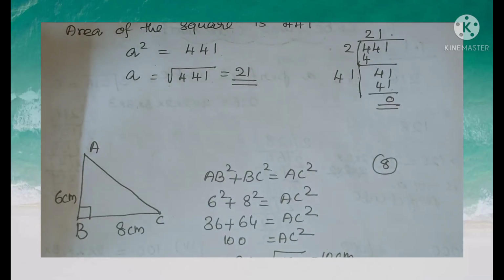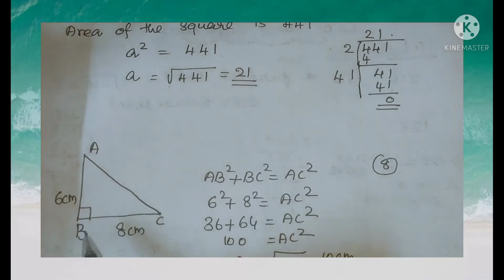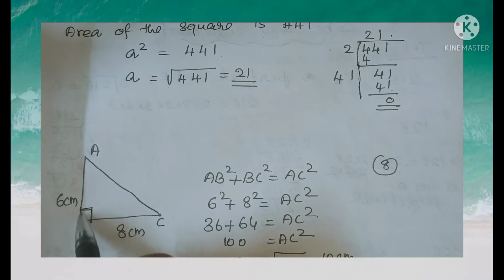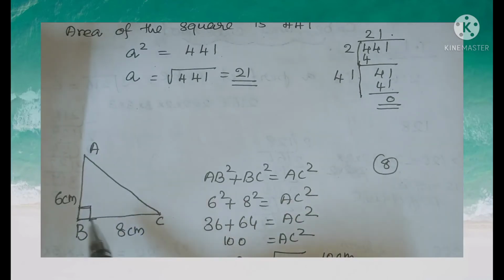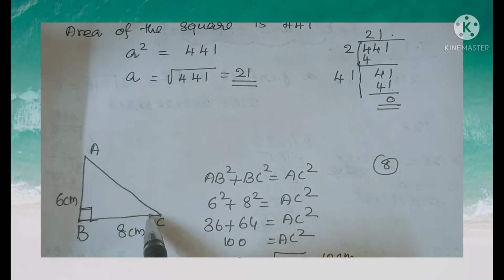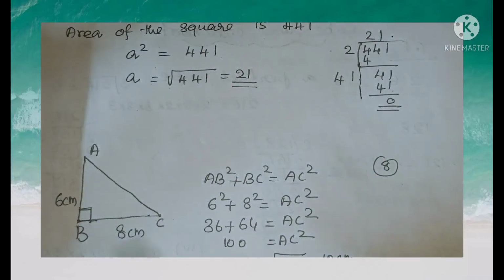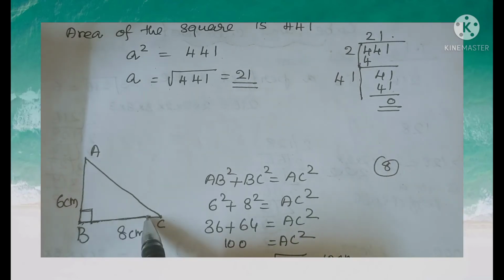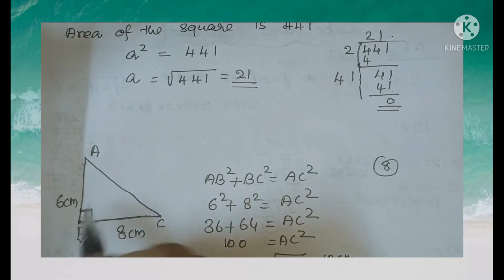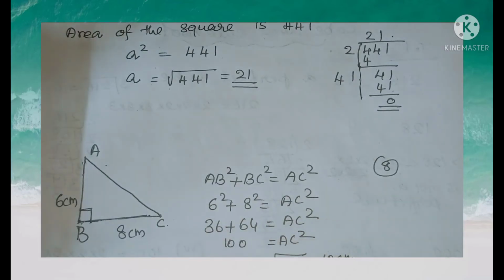Then next, in a right triangle ABC, angle B is 90 degrees, BC is 8 centimeters and AB is 6 centimeters. We studied the Pythagoras theorem last year, that is base square plus altitude square is equal to hypotenuse square.